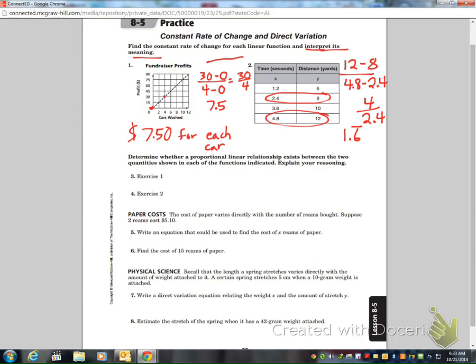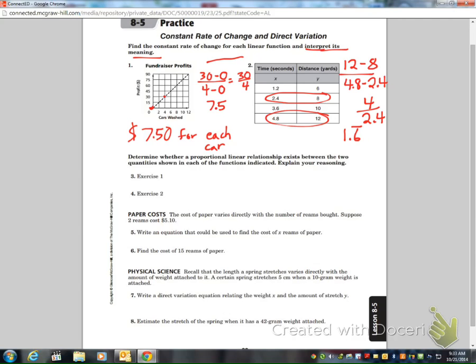Because if you plug it into the equation, it works. 7.5 times 2 will be 7.5 times 4. Okay, right, because the relationship between x and y is always the same, and it's always just a constant times. There's a really easy way that we talked about in class yesterday that you can see on this graph that it's direct variation.